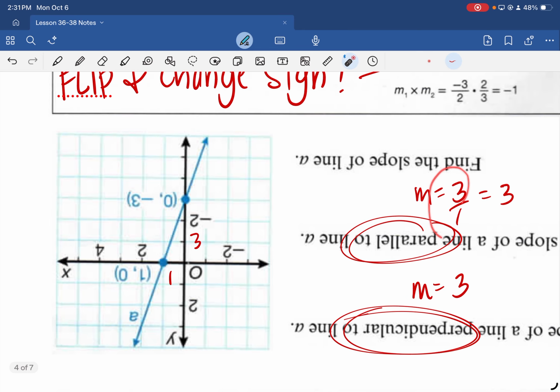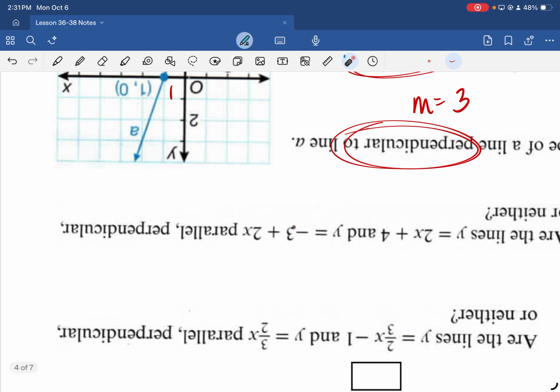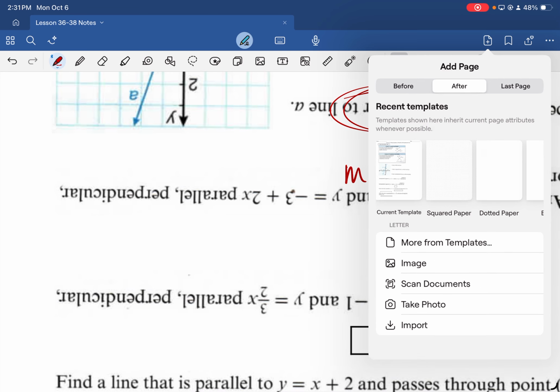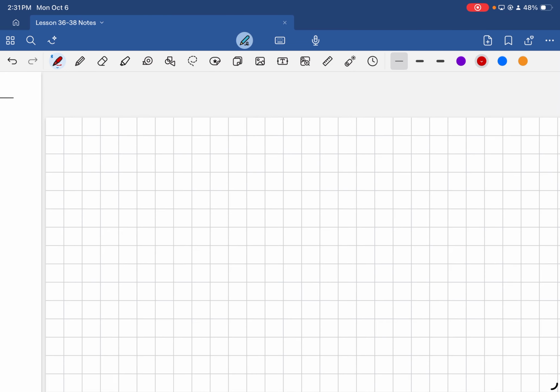You see how it was 3 over 1 positive? We're going to do 1 over 3 negative. That's the slope for a perpendicular line. Are y'all with me?